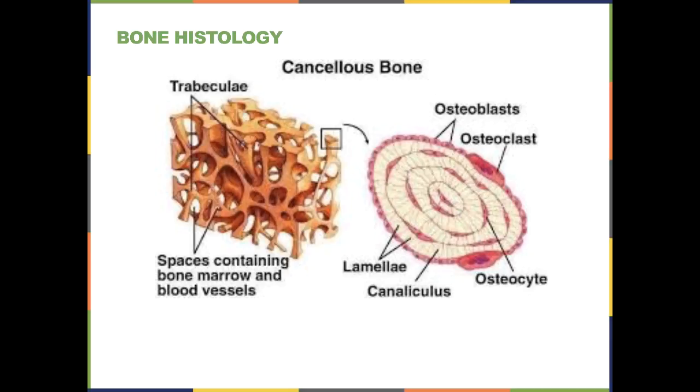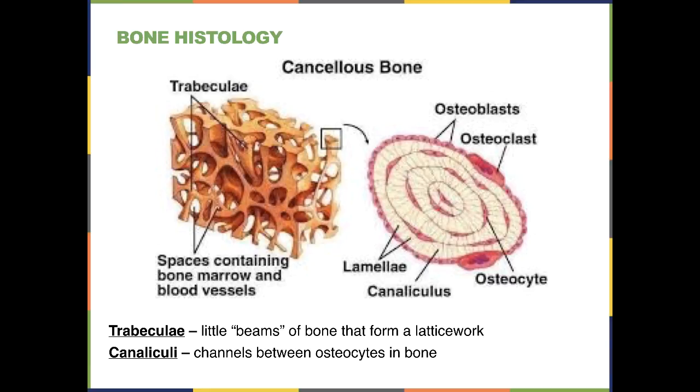The little beams of bone that make up the network within cancellous bone are called bone trabeculae. And on the left here you see a nice diagram which shows how these form a lacy network. And within this network many times is where the bone marrow cells hide out and produce the blood.